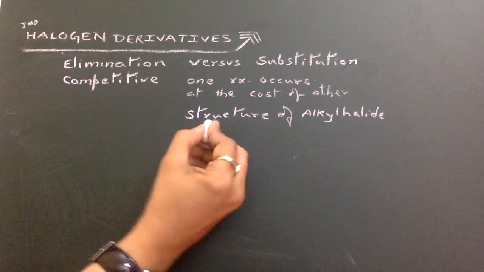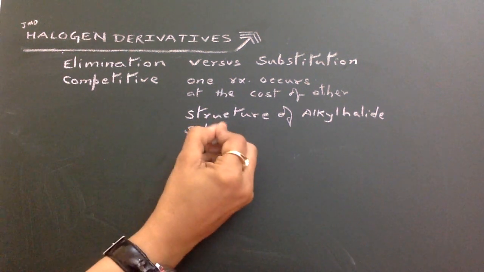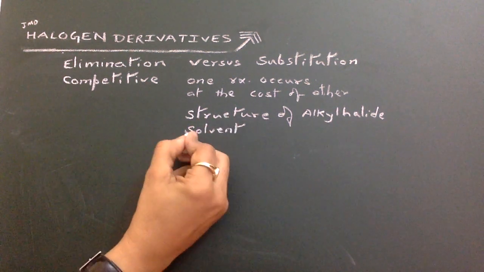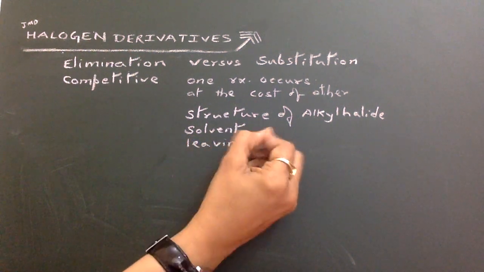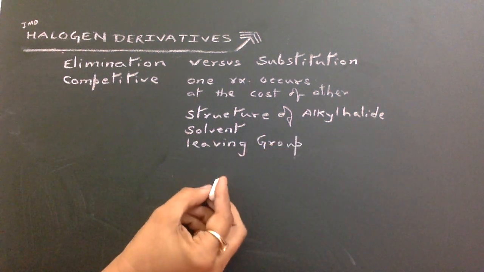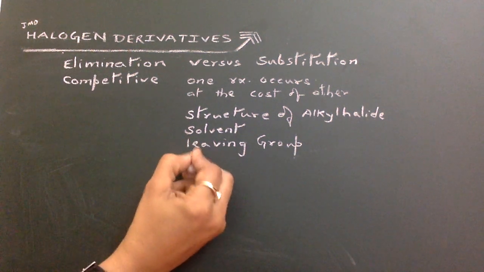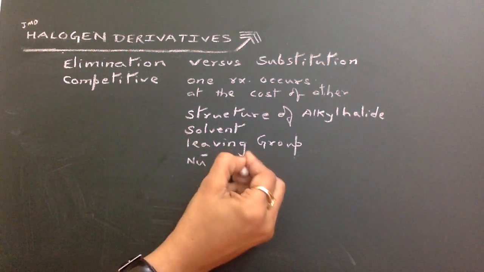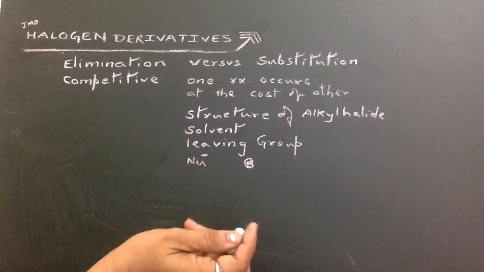It also depends upon the nature of the solvent, the type of the leaving group, correct? And the reagent, how it behaves as a nucleophile, and in which condition the same reagent will behave as a base.